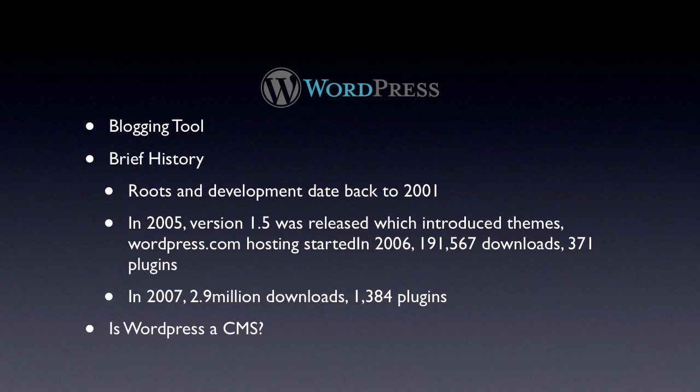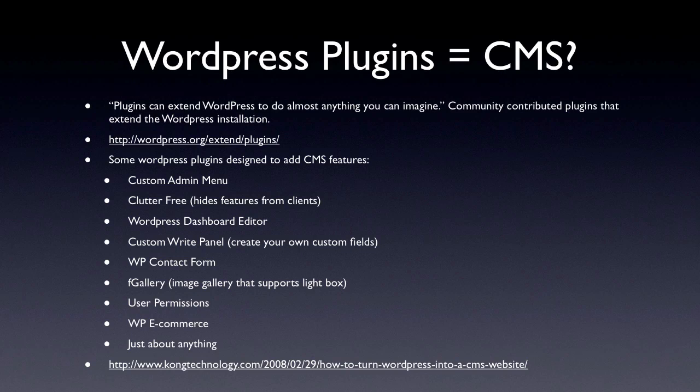Okay, so I don't really need to go through any of that stuff. This is just a slide which, again, talks to that point. When WordPress gets the criticism of not being a CMS, which I don't necessarily agree with anyway, the criticism usually stems from the fact that, oh, it doesn't have the features that this other CMS does. Most, if not all of those features can be added through the use of plugins.